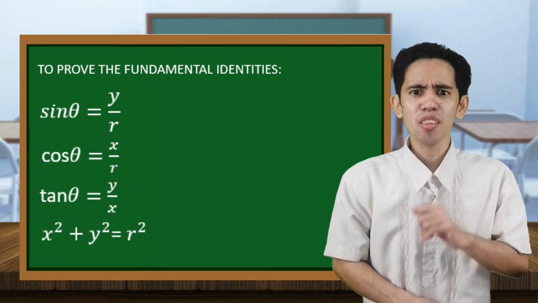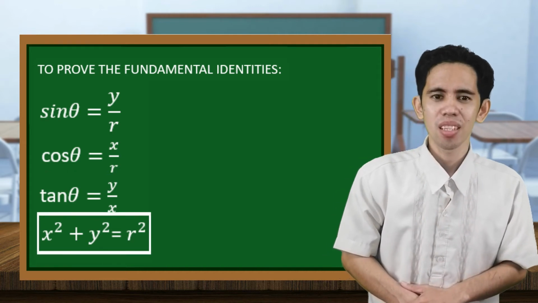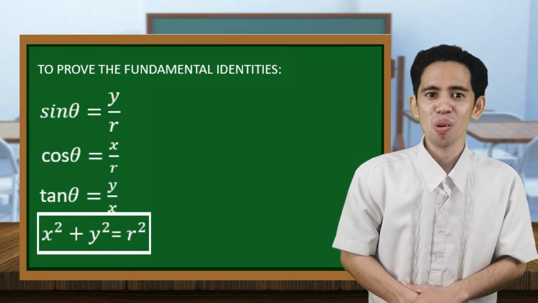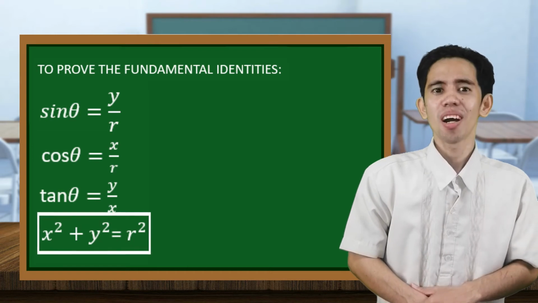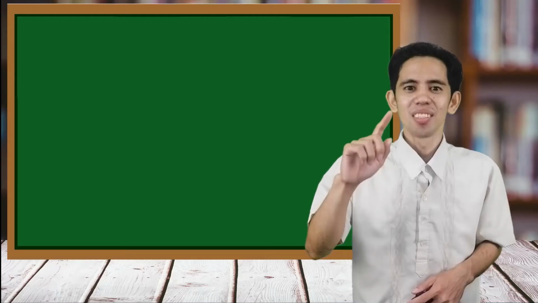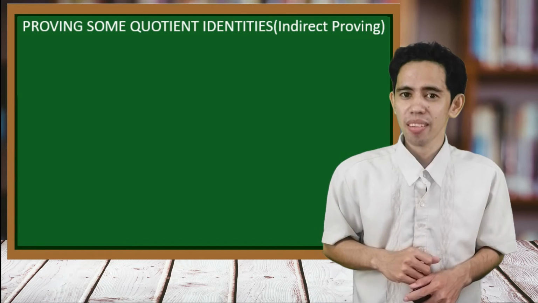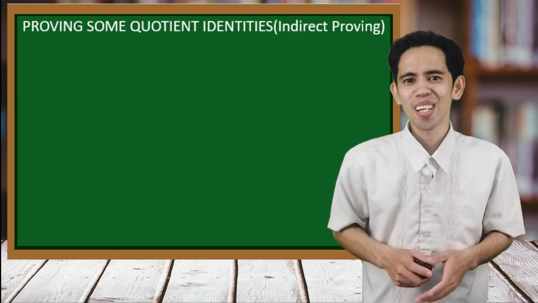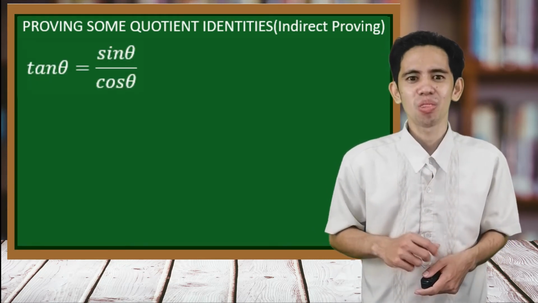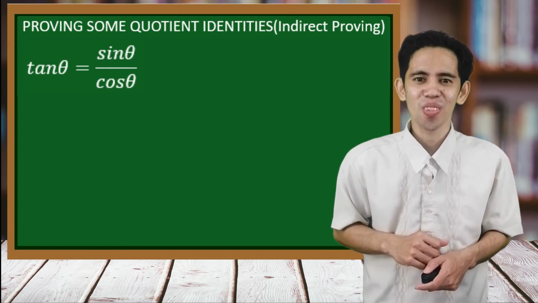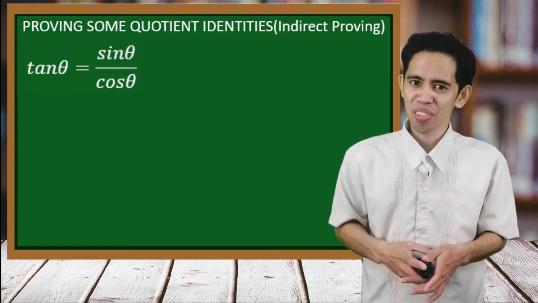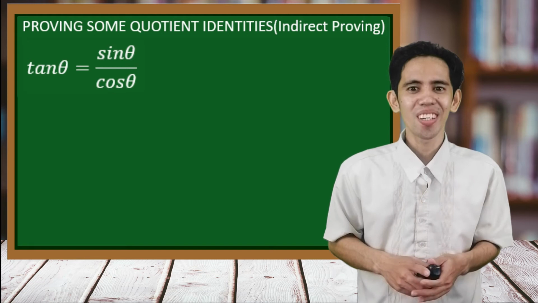Then for the Pythagorean theorem, we have x squared plus y squared is equal to r squared. Using the indirect proving method, we will prove if tangent theta is equal to sine theta over cos theta is an identity or not.